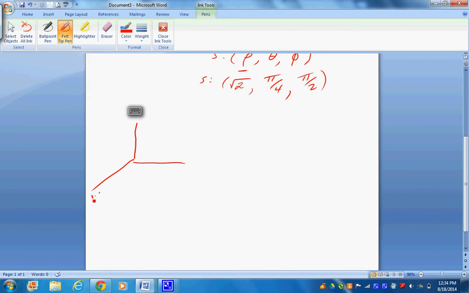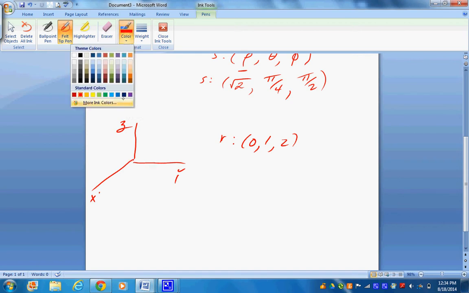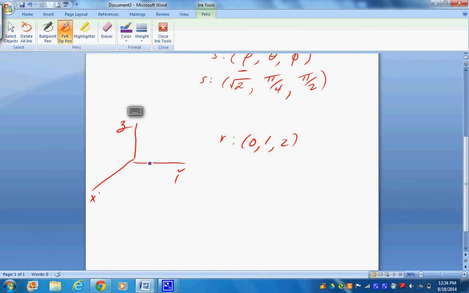So here's my x, y, and z axes, and I'm interested in the rectangular point 0, 1, 2. So here's the point in 3 space, and it looks like it's in this YZ plane.